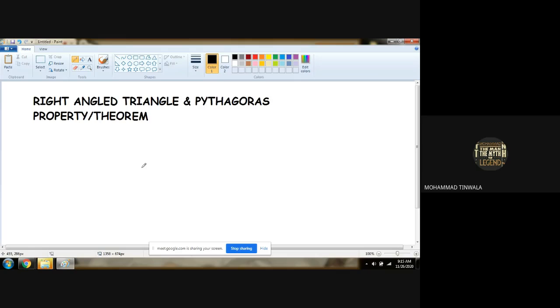Okay, I can explain this. Pythagoras is one kind of a theorem, we can say property, which is used only when we have a right angle triangle. When can we use this? When we have a right angle triangle. Understood?